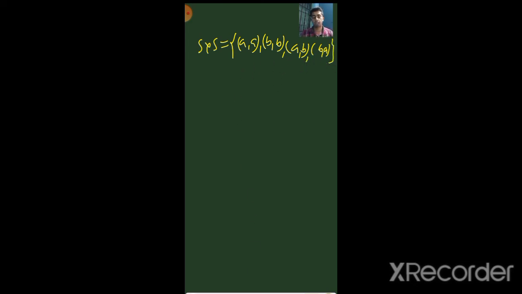If we subtract these two elements and find the number of subsets of the remaining, then the last two elements remain, that is AB and BA.